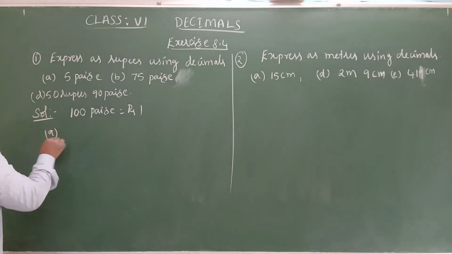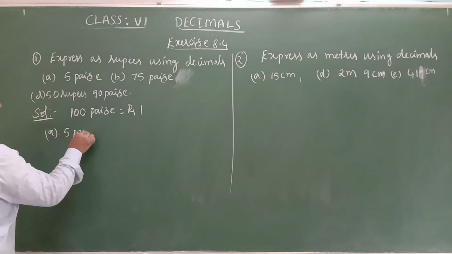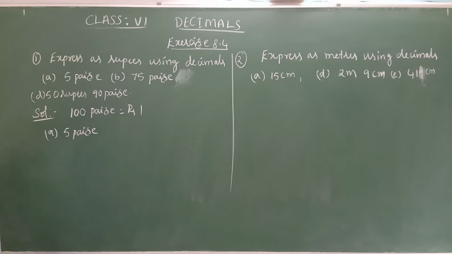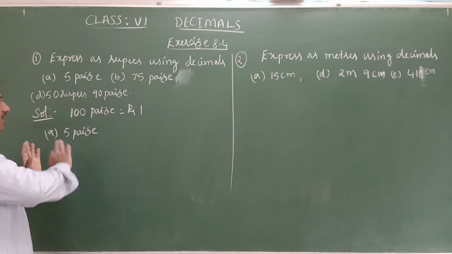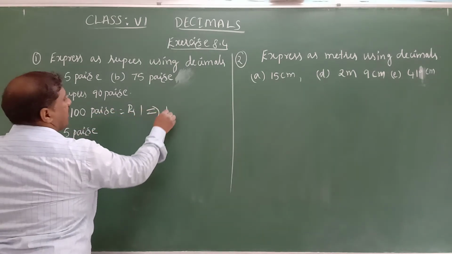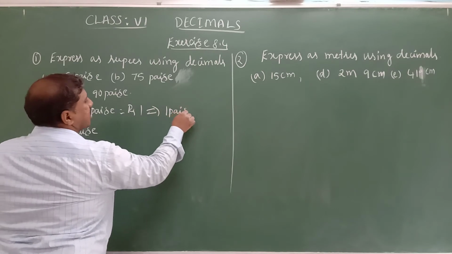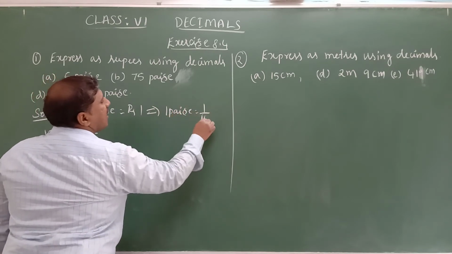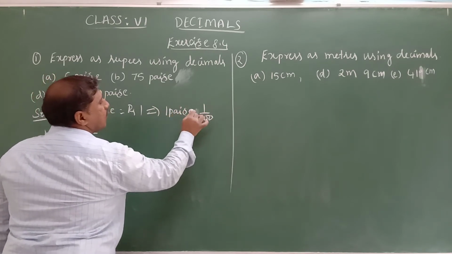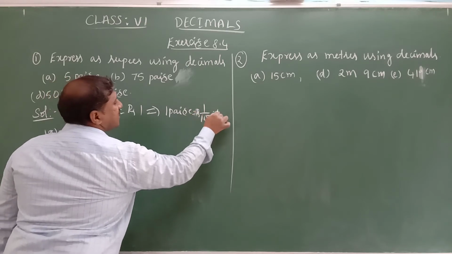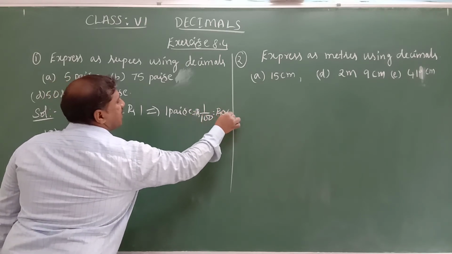For the first part, 1 paise is equal to 1 by 100 rupees, that is rupees 0.01.